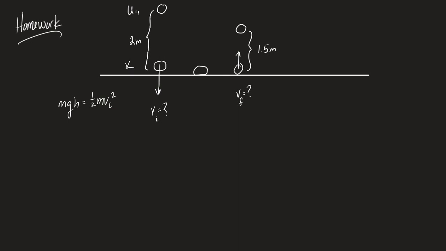So conservation of energy is used just before it reaches the ground. M's cancel. So in this part, you won't need the mass. You'll need it in a minute, but in this part, you don't need the mass. We just need to figure out the velocity. So the initial velocity is going to be the square root of 2gh.